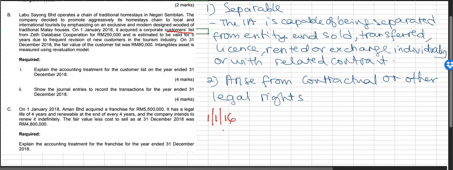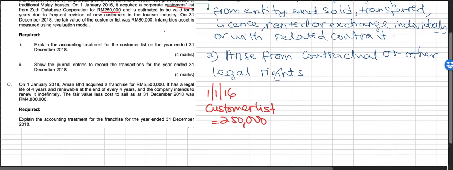So you acquired the customer list for 250,000, and it is estimated to be valid for 5 years. This is the useful life or the economic life of the IA.